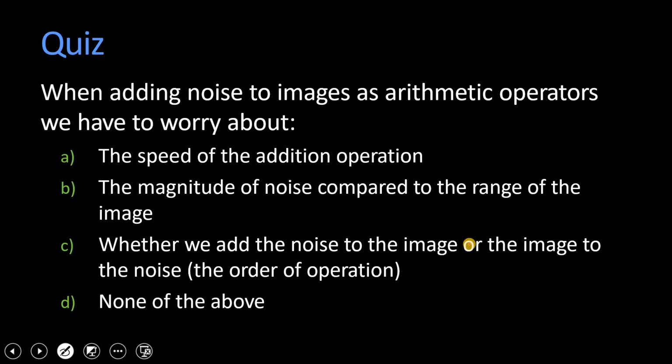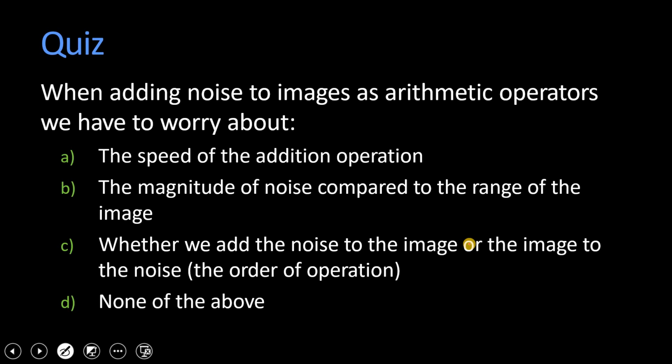So here is a quiz, with some questions you can expect in the exam. Make sure you understand these questions. You will not get the same questions, but the questions will be tricky like these ones. When adding noise to images as arithmetic operators, what is the important thing we should worry about?